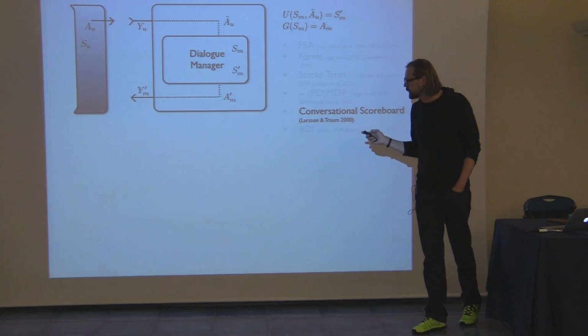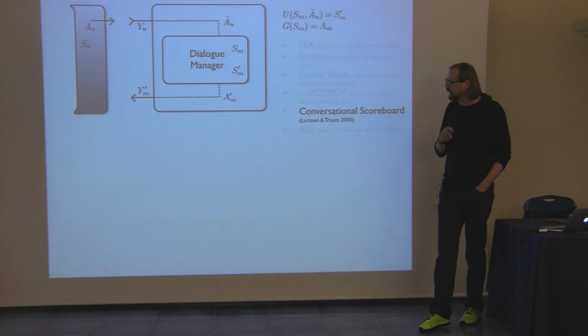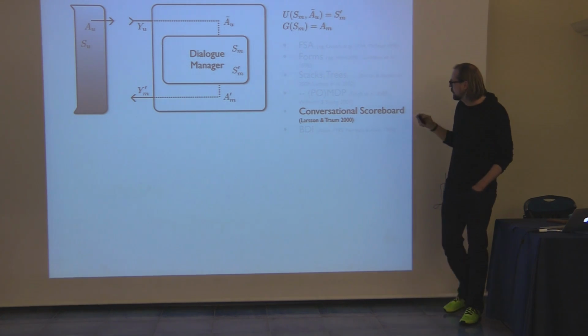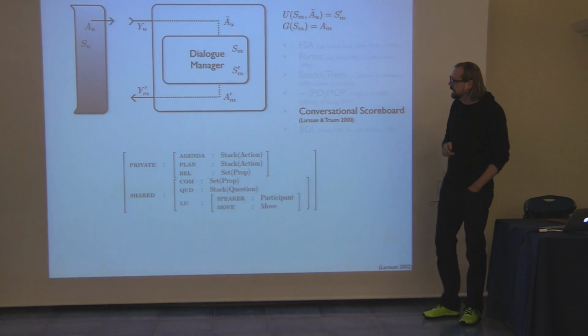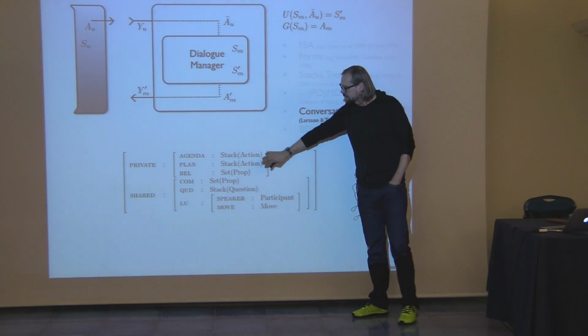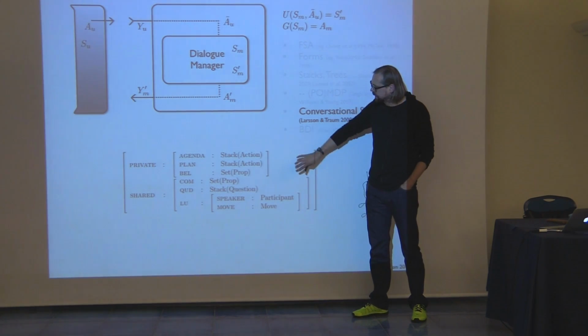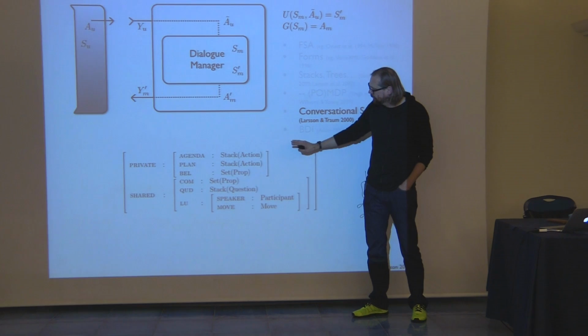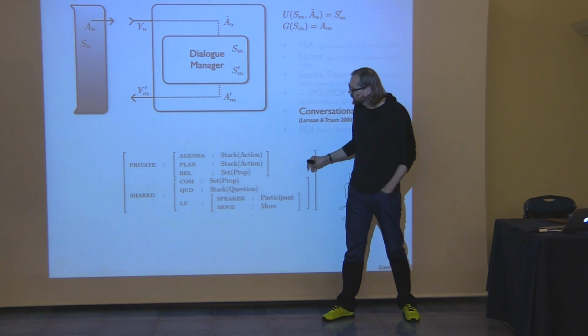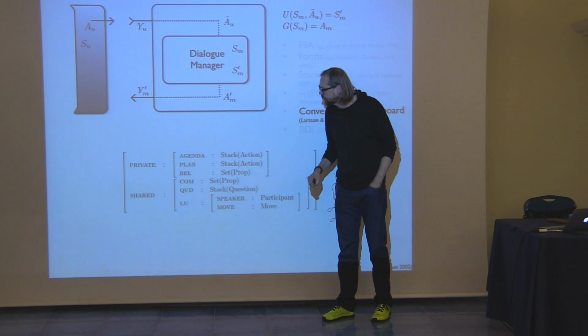So an approach that, at least in academia, has had more impact recently, instead of using a conversational scoreboard, which basically is the mental state structured into various elements. Something like plans of the system appear here as well. Beliefs appear as well.